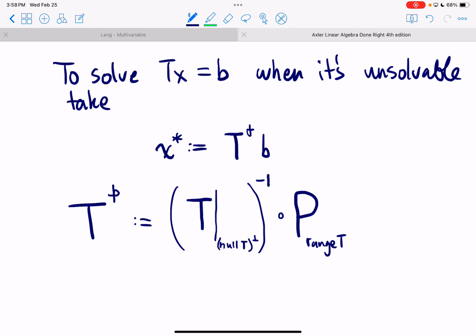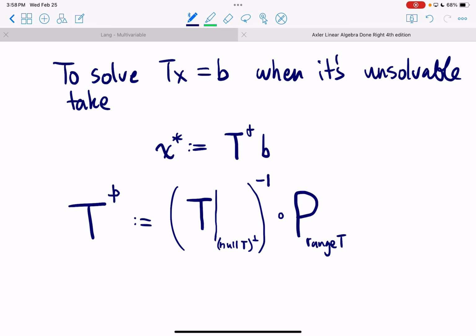The null space gives us 2 to 1 or 3 to 1 or actually infinitely many to 1. We can't uniquely invert because there's not a single element. This is that plus n that's messing things up. But on the null space orthogonal complement, there is no more null space of T. It's now injective. T restricted to this thing is injective. It is a bijection onto the range. But that's where we are already. We already went down to the range. And then T restricted to the null space perp is a bijection onto the range. So we can just invert it.